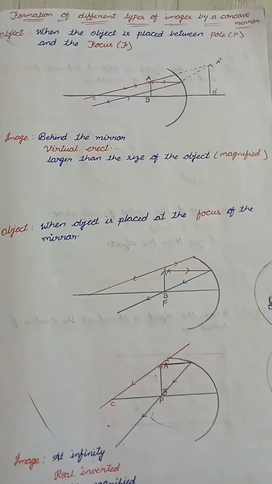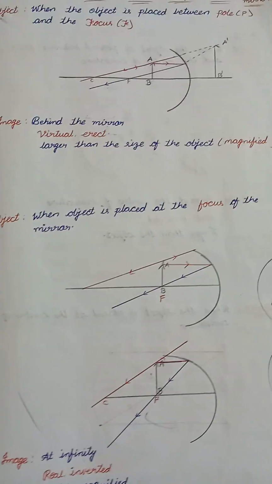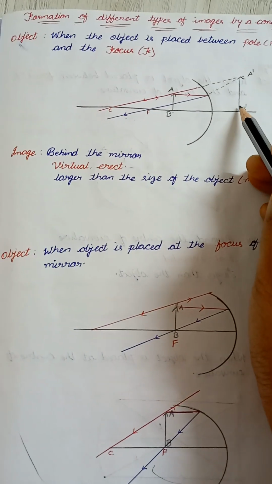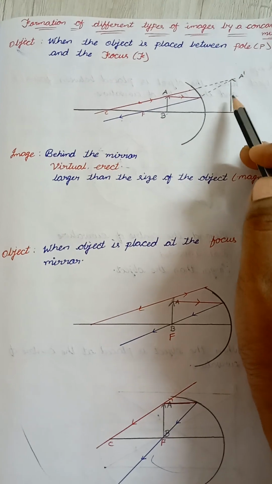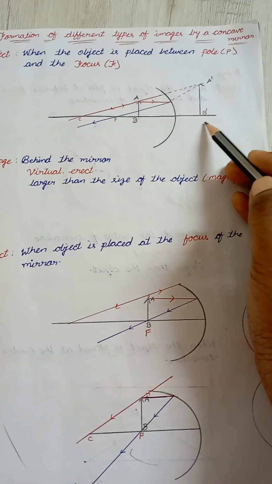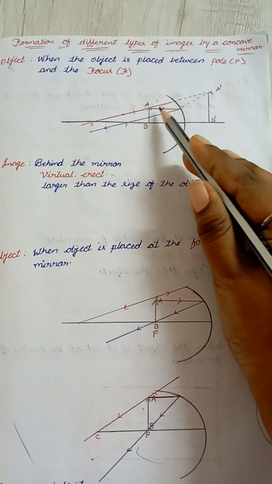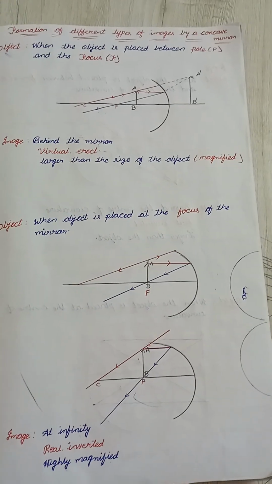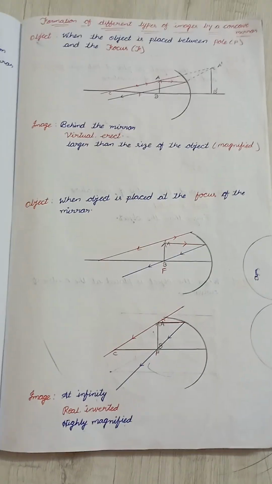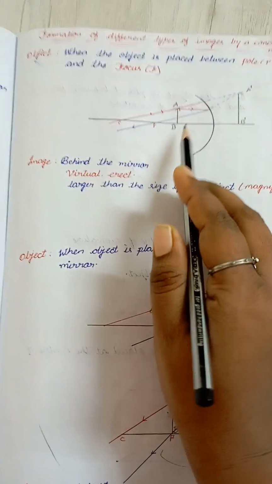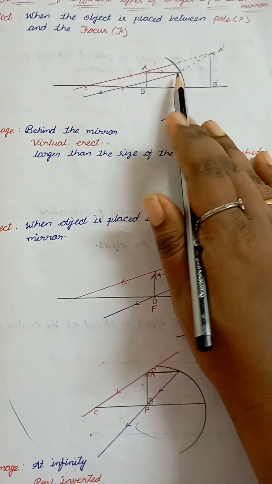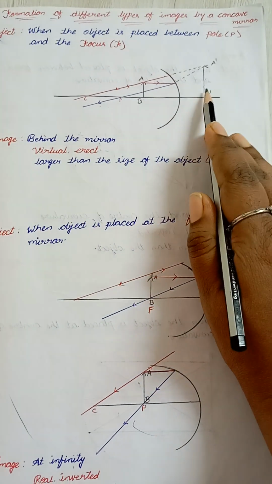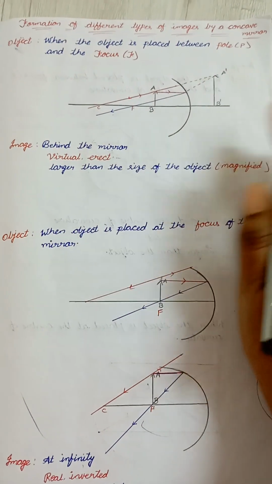In all remaining cases, we will get real and inverted, but only in this case we will get virtual and erect, and the image will be larger than the size of the object. Except this, for all we will get the image in front of the mirror only. For only this we will get it behind the mirror, and the nature of the image is virtual and erect.